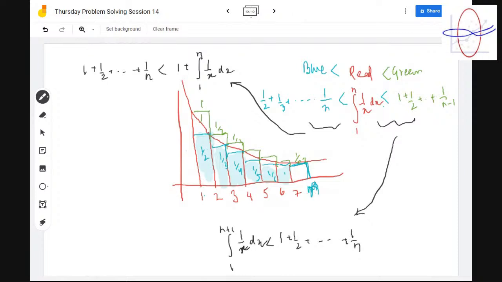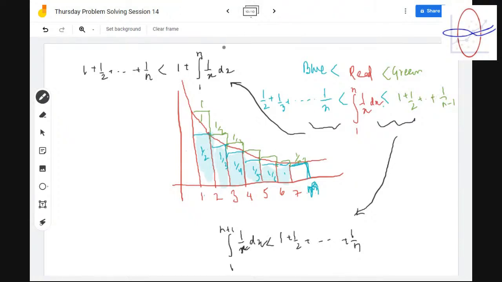Tell me if you understood this calculation or not.